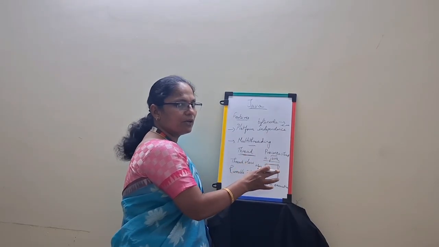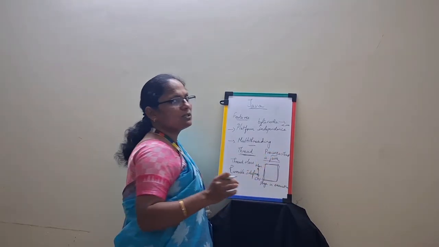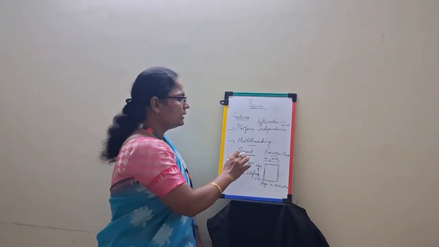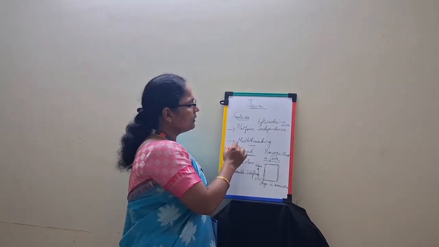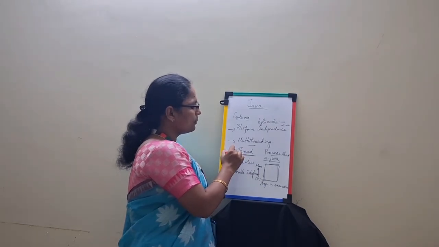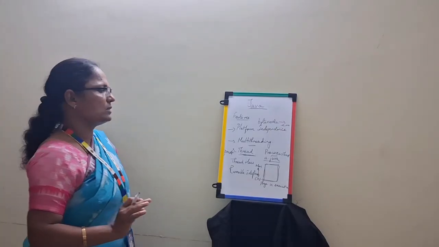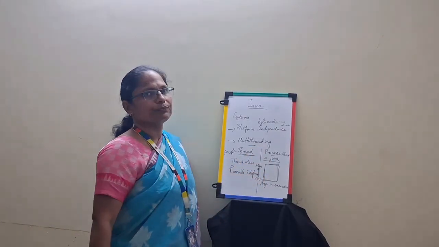In that case, I call the process also a single thread. But if a process has multiple threads, I cannot call a thread a process. So this is the main difference between these two.